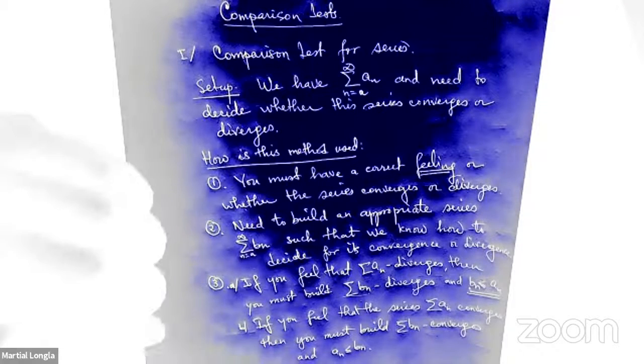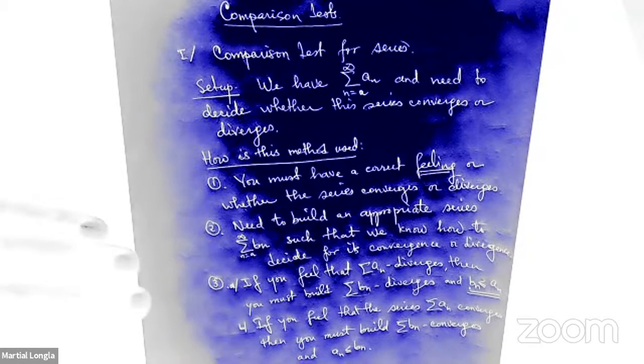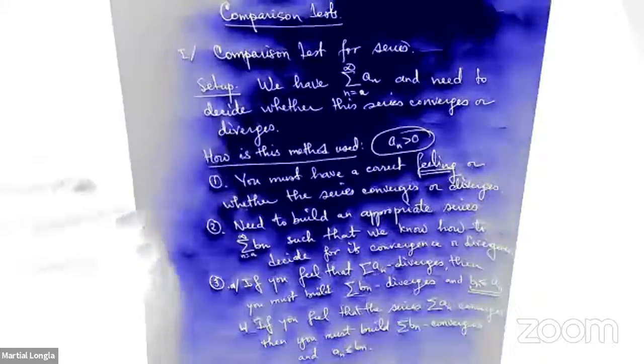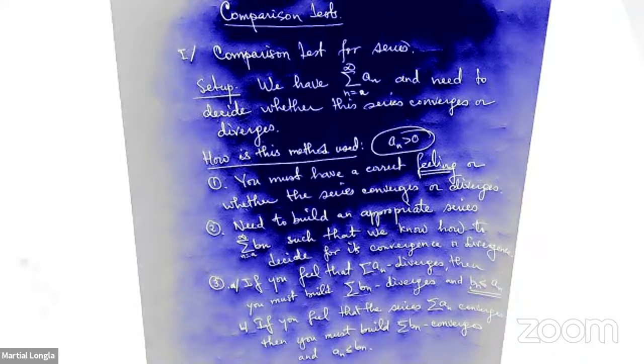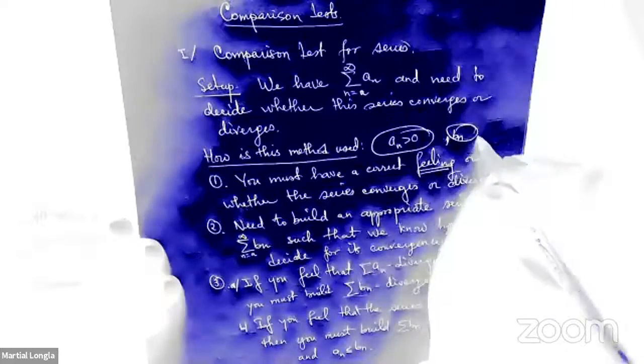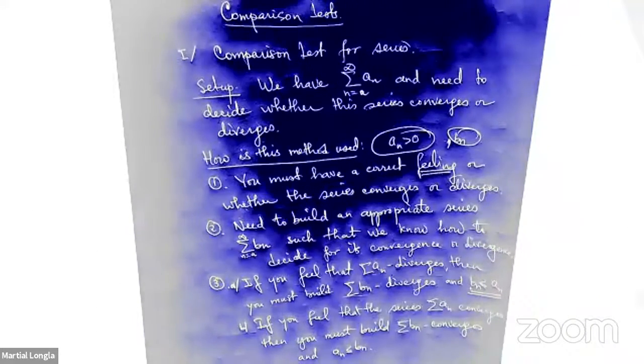And above all, what you need to start with is that your a_n are positive, as in all the other questions that we have been handling. And the b_n that you're building will also be positive.